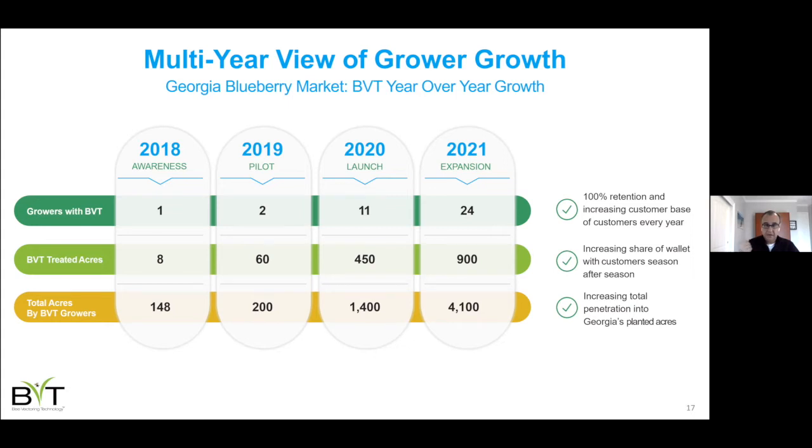They just are picked for frozen, processed berries. So that's really not a target market for us. The target market for us is closer to about 8,000. So it shows that in 2021, we're already talking to growers that represent 50% of the market in Georgia. And that number will only keep increasing as we progress through the sales process.